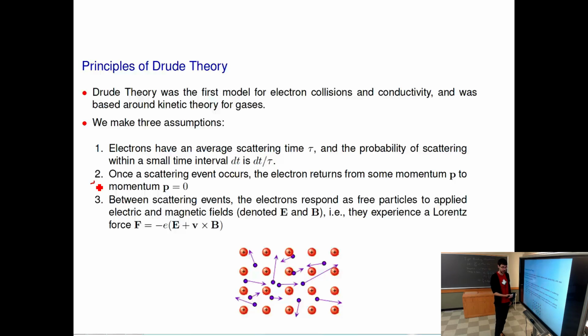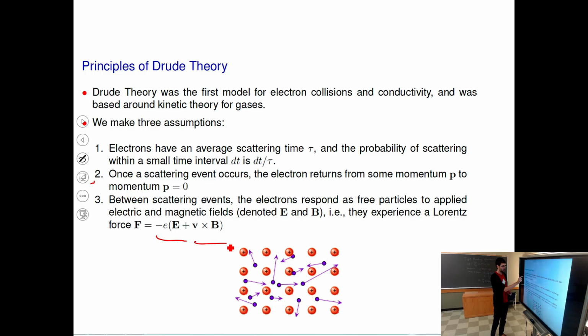So they experience an electric force and a magnetic force in between the scattering events. So external fields: we put this piece of conductor, this piece of solid, typically a metal, but maybe a semiconductor, into an electric field and a magnetic field, and the electrons will just deflect or accelerate or decelerate under the influence of that force.